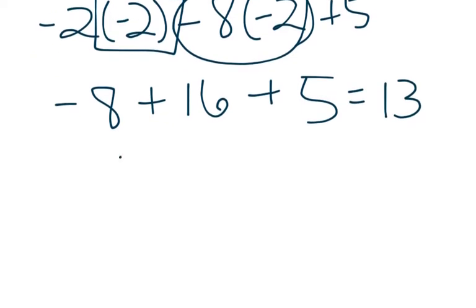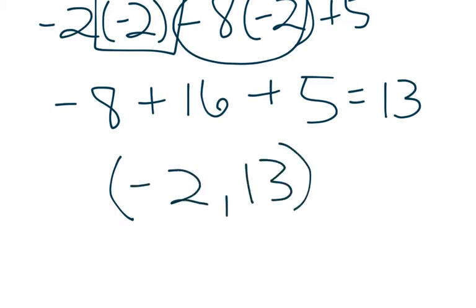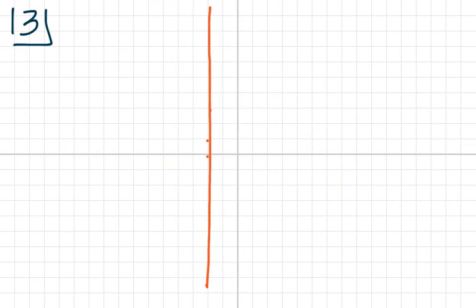So our vertex is (negative 2, positive 13). So let's go here, and our vertex is going to be up at 13. Let's go by 2's: 2, 4, 6, 8, 10, 12. So 13 is going to be about over here.